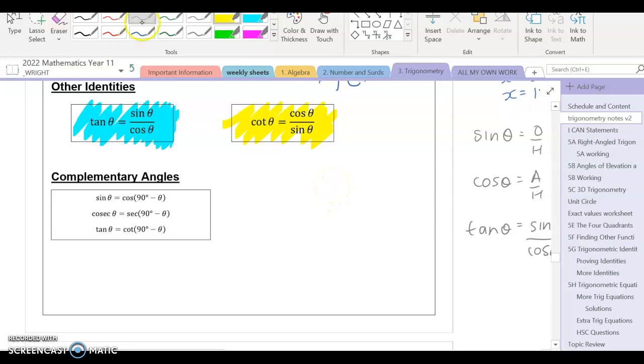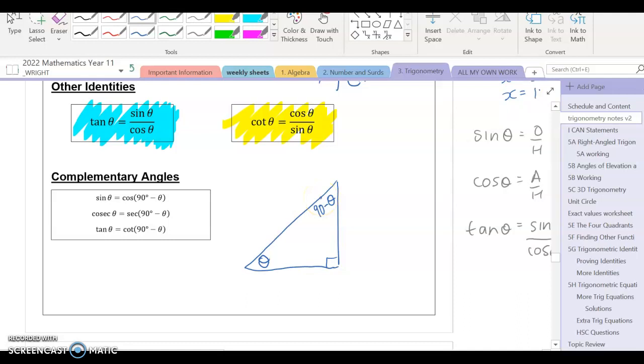If I was to draw that right angle triangle and pop in my theta there, we could say that the third angle in my triangle is 90 minus theta, because we know that all the angles of a triangle add up to 180 degrees. So 180 take away 90, I'm only left with theta and whatever this angle is. So it has to be 90 take away theta, and that gives me my third angle.